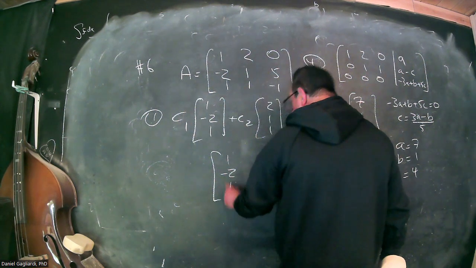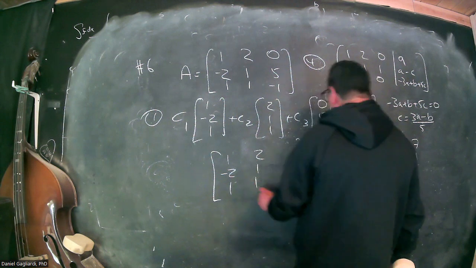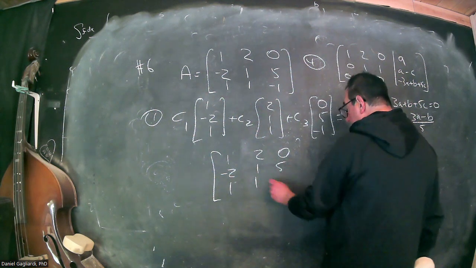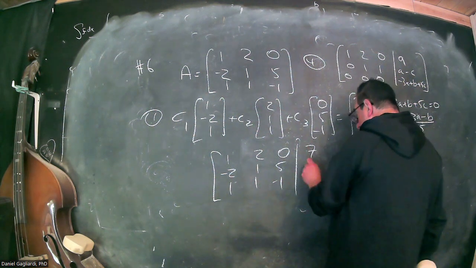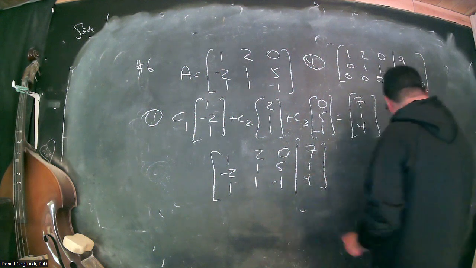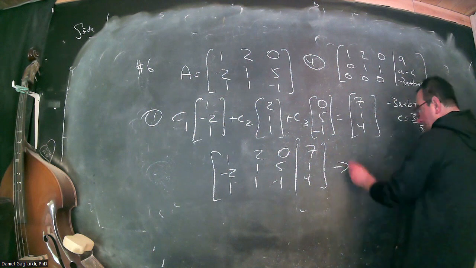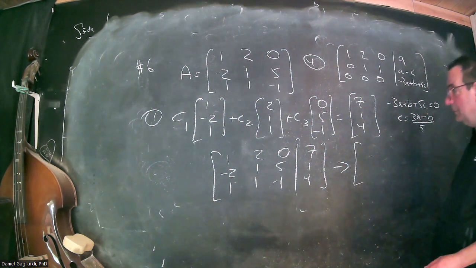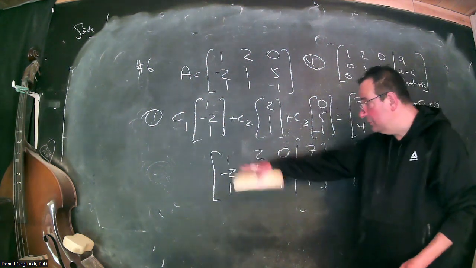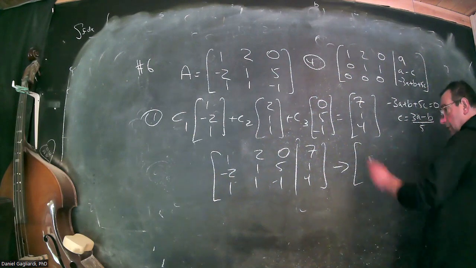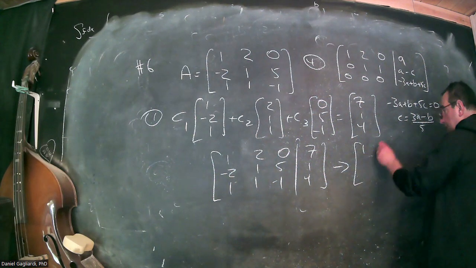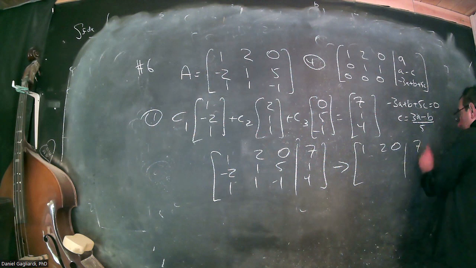1, -2, 1, 2, 1, 1, and 0, 5, 1 equals 7, 1, 4. Okay? All right, good. Let's row reduce again. Here we go again, deja vu all over again. So we'll add 2 row 1s to row 2. Good. So that gives me 1, 2, 0, a 7 up here.